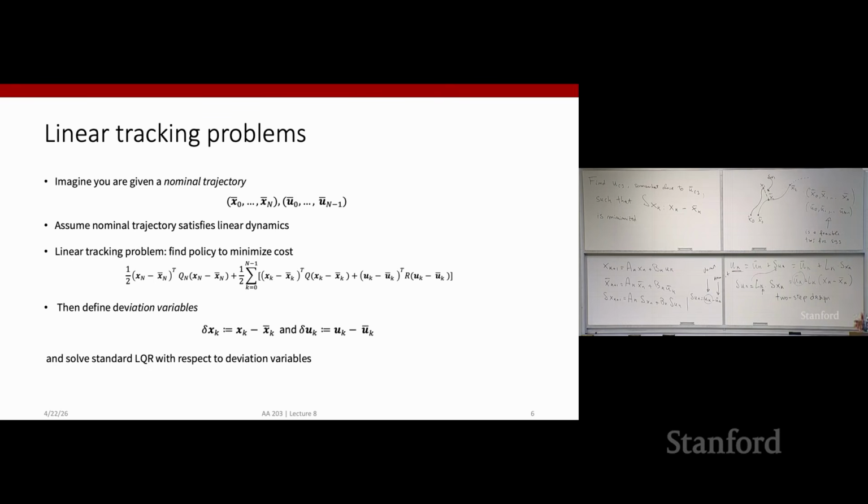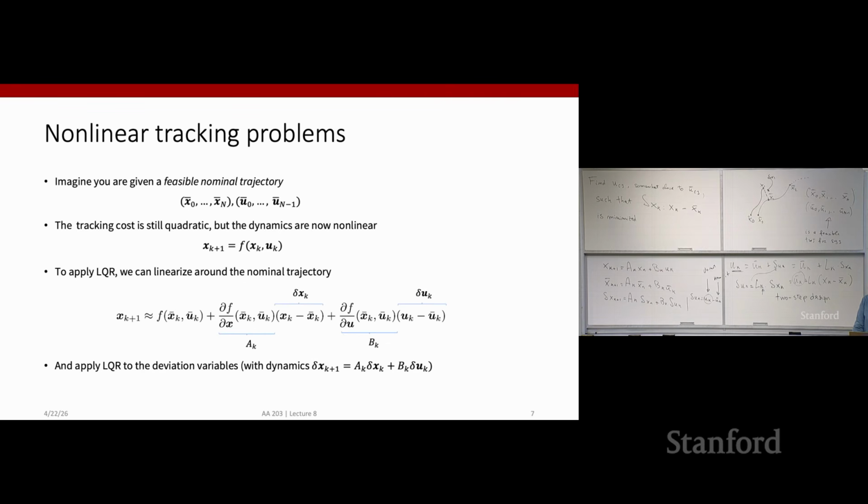So this seems reasonable. On the other hand, all of this was derived under the assumption of linear dynamics. A more interesting setting is one where you have a nonlinear dynamical system. So how do you do tracking when now the dynamics are nonlinear? Turns out that we use essentially the same techniques we have just discussed.